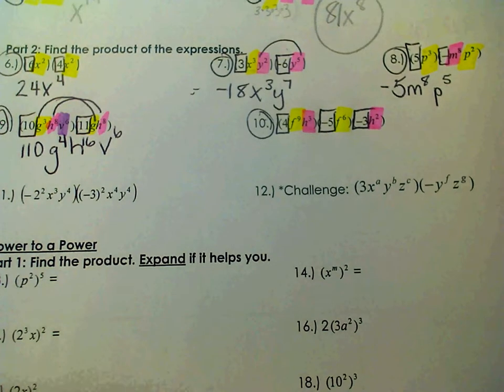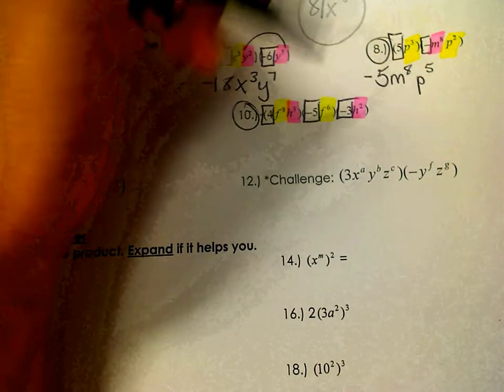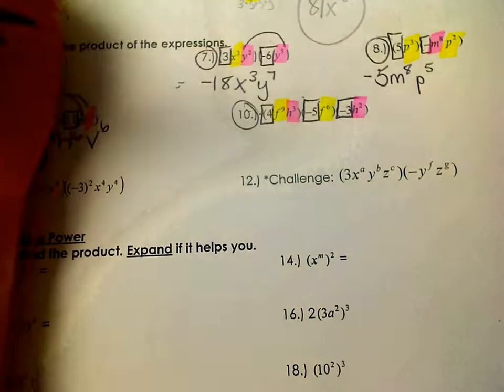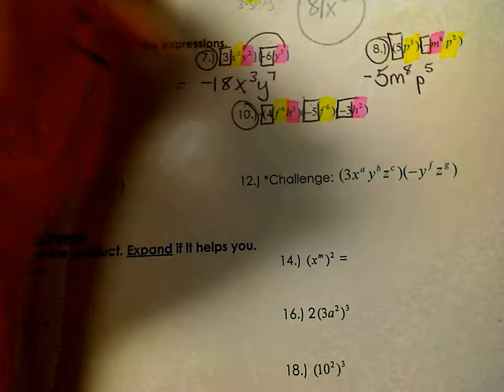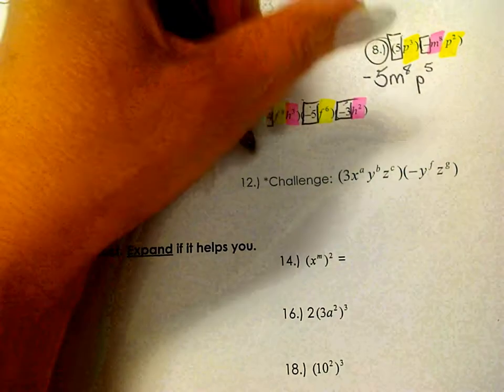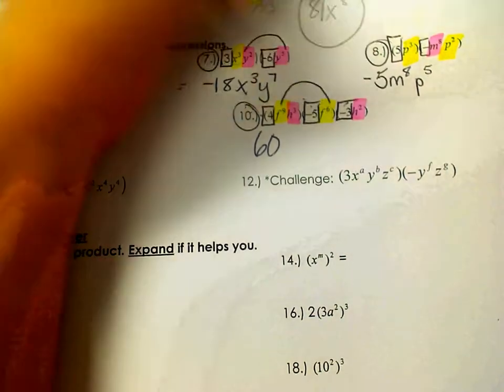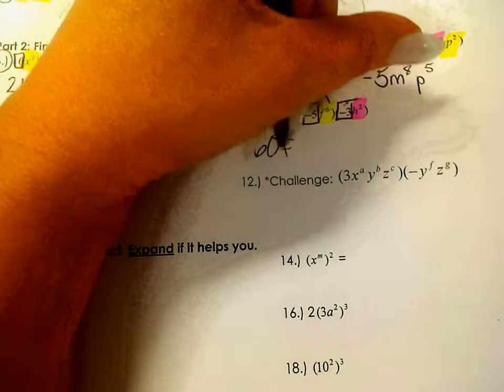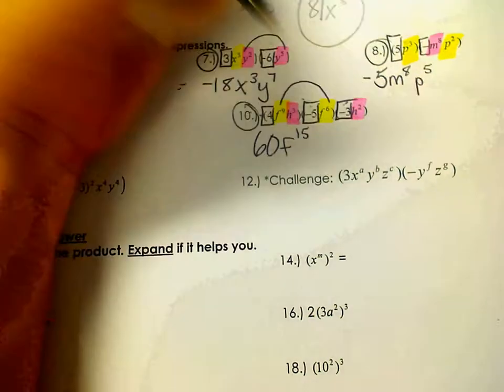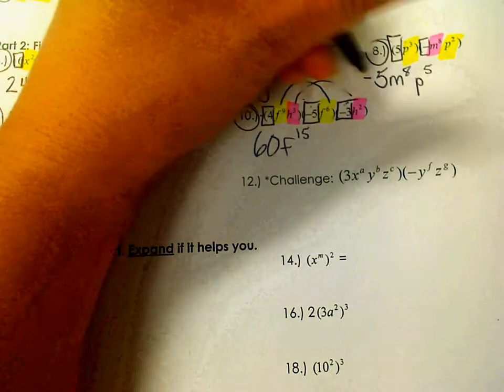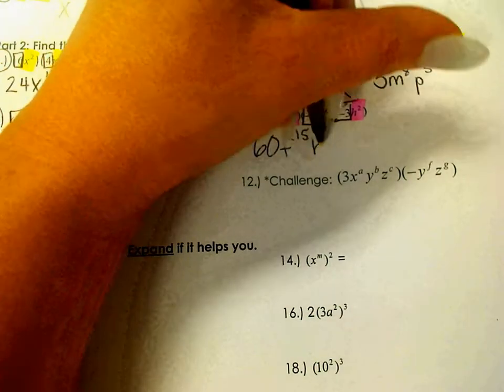So we multiply 4 times negative 5 times negative 3. So it's negative 20. Negative 20 times negative 3 is 60. And then f to the 9th power times f to the 6th power is f to the 15th power. H to the 3rd times h to the 2nd is h to the 5th.